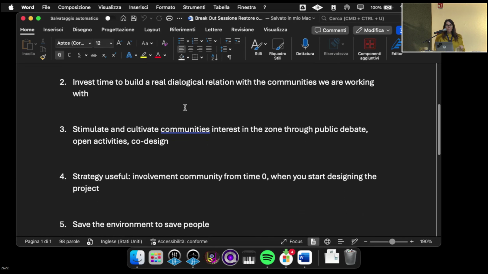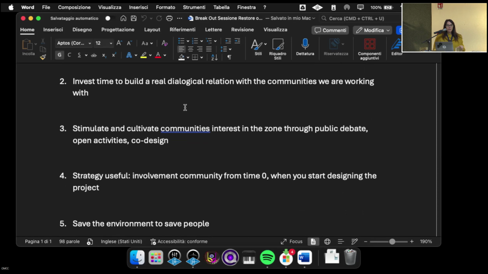So also try to stimulate and cultivate the community's interest in the zone where we are working through interviews, debate, open activities, and also involve them in the co-designing of the activities we are going to do.